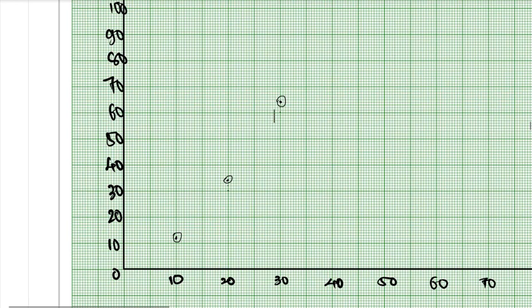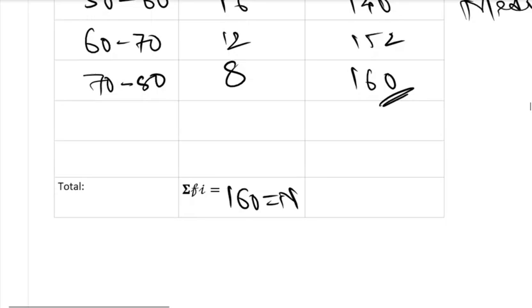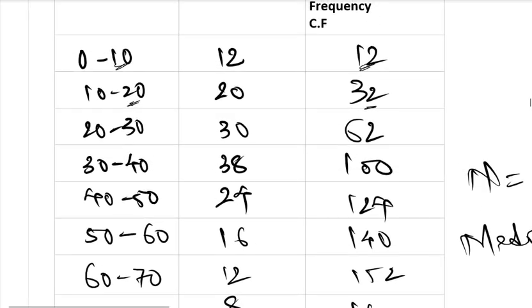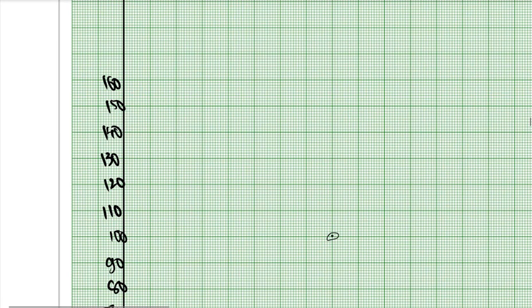That's easy. 40 is over here. 100 is over here. 40, 100 is plotted. And then it is 50, 124. Okay, so 50 is this line over here. 120 is over here. 124, right?